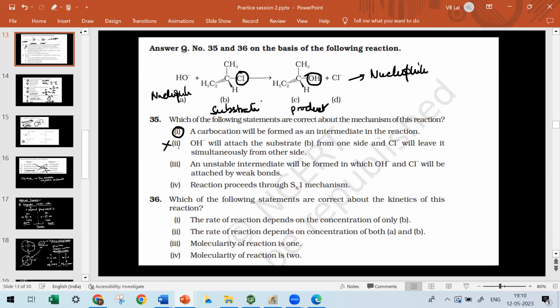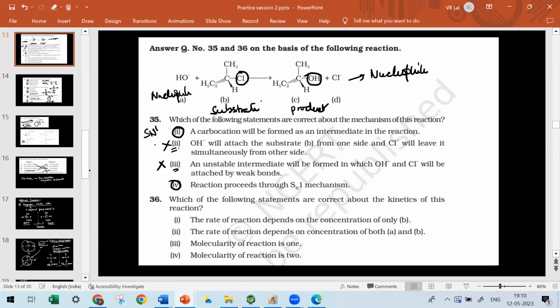This is also not the correct option. If 2 was correct, then 3 would have been correct. But since it is not 2, it cannot be 3. So the type of reaction is SN1. The reaction proceeds through SN1 mechanism, so 1 and 4 are the correct options.